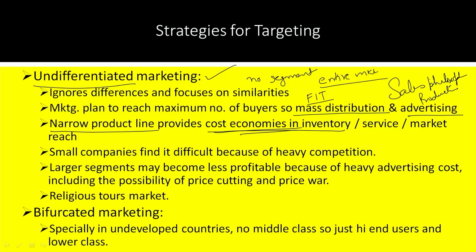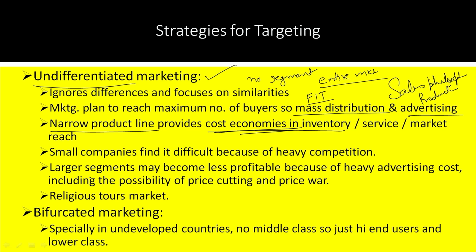Okay. Now, small companies find it difficult because of heavy competition. In the first example I gave you, it ignores differences, and I told you it can be done by small companies, and there itself I told you that maybe there is a company which does not have the resources. In that condition the company can acquire the product from other companies, sell it and make a commission.